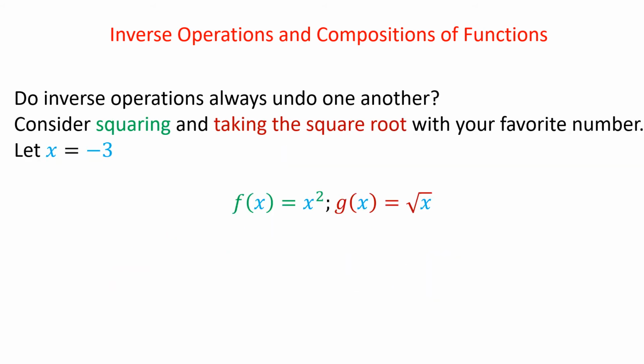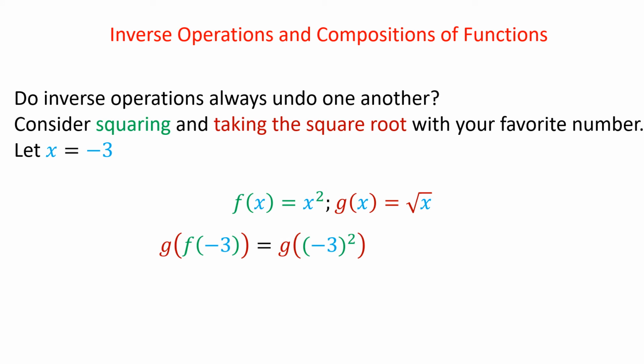But does performing inverse operations always return us to our original value? Let's think now about squaring and taking the square root. Those are inverse operations. If you take some number, square it, take the square root, you come back to where you began. Consider the value of -3. What if we squared -3 and then took the square root? We could express that as g of f of -3.